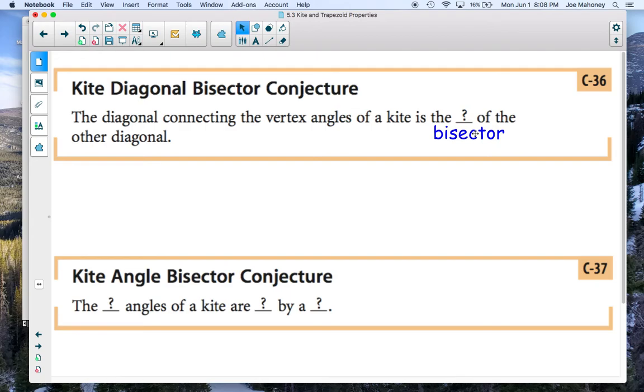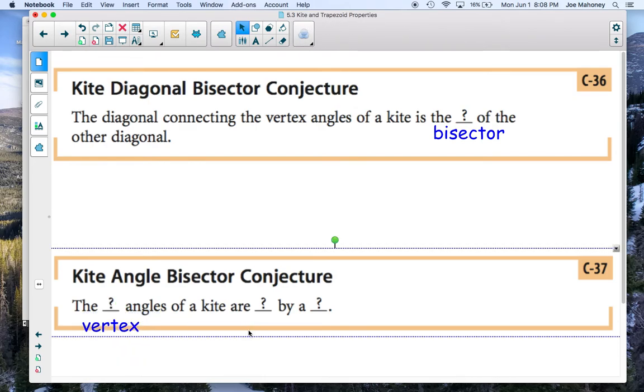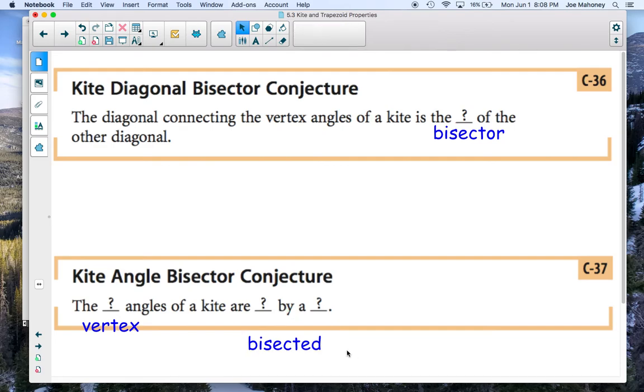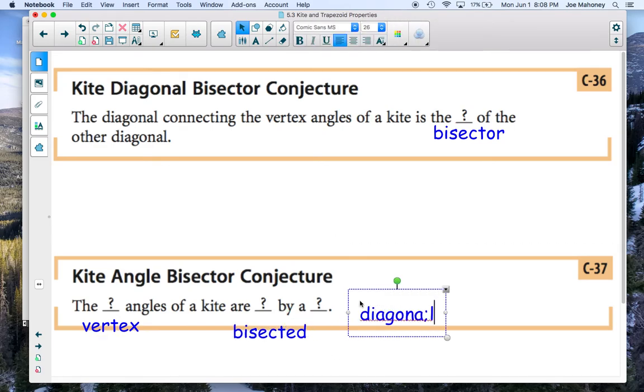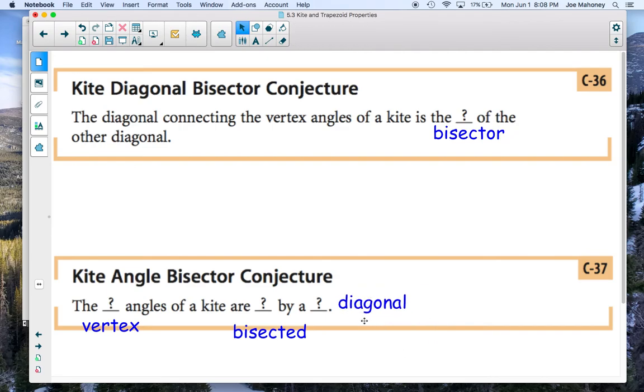And the last one is the kite angle bisector conjecture. This told me that the vertex angles of a kite were bisected by a diagonal. Diagonally. You like those movies? Good movies.